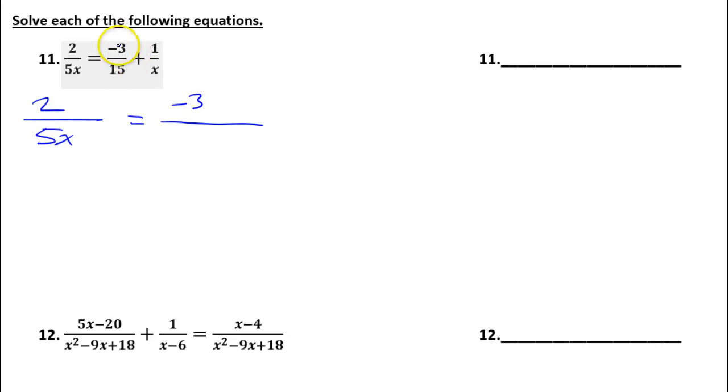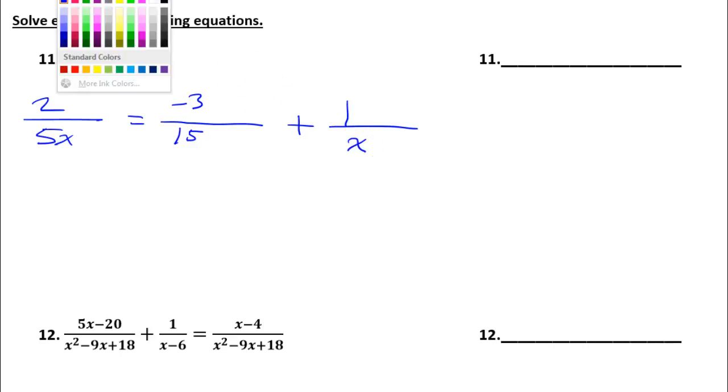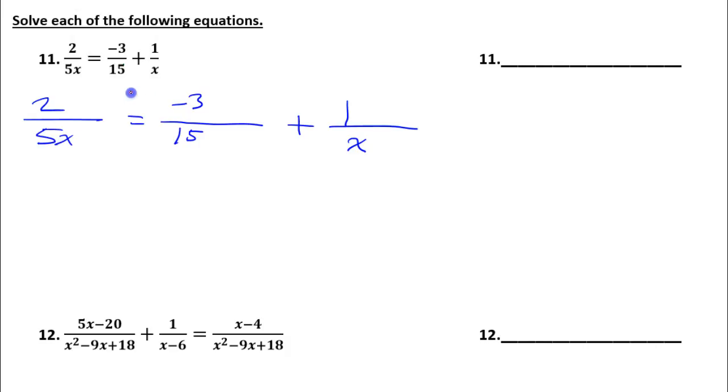So if I divide 3 into 15, that'll make 5, which is the same as this. So that's what I would normally do. That's the best way, the fastest way. However, most students won't notice that. So I'm going to go ahead and do it the way that most students would probably do it.